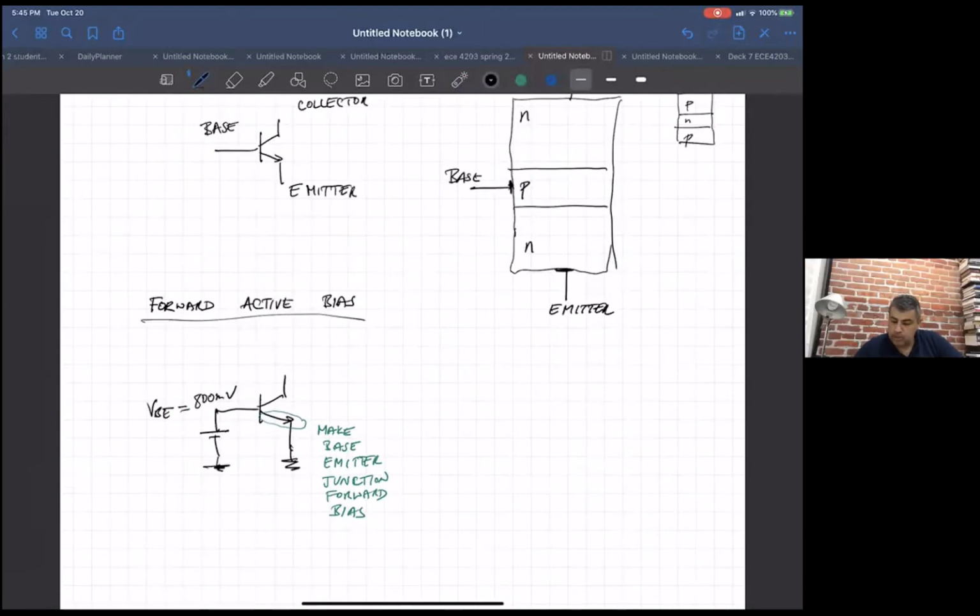So you're making this junction forward bias, and then we're going to make this junction between the base and the collector reverse bias.